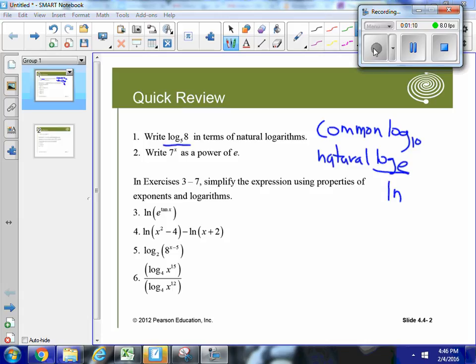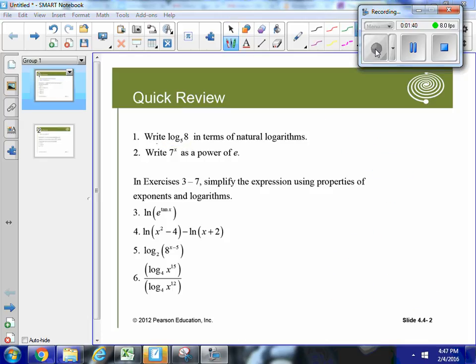Just like when we're doing the common log, we'll write log 3, that's assuming that implies a base 10. You don't need to put the base 10 in there. Instead we would write ln 3 to represent the natural log of 3. We don't put the little base e there, and we generally don't write it as log base e of 3.